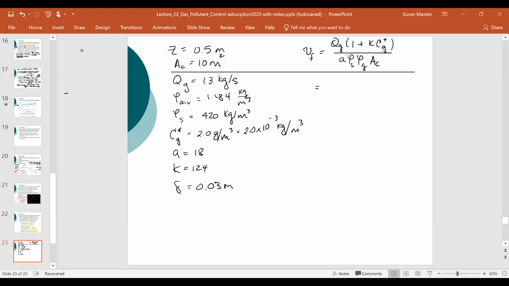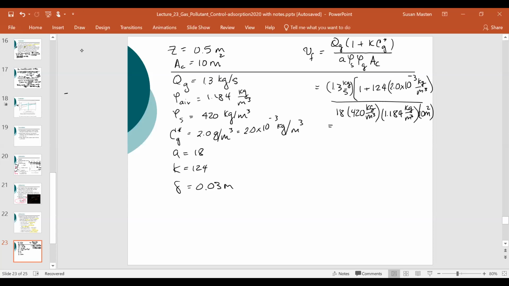So that is equal to 1.3 kilograms per second times (1 plus 124 times 2.0 times 10 to the minus 3 kilograms per meter cubed), and we will divide that by 18 times 420 kilograms per meter cubed times 1.184 kilograms per meter cubed times the cross-sectional area.